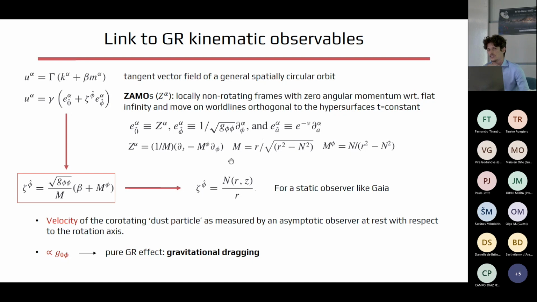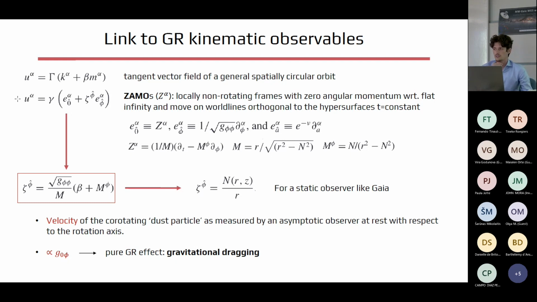Once we have set a general relativistic model for our galaxy, we need to define a suitable observer. In such a space-time with stationarity and axisymmetry, a generic observer has this four-velocity, where beta is the angular momentum with respect to infinity.